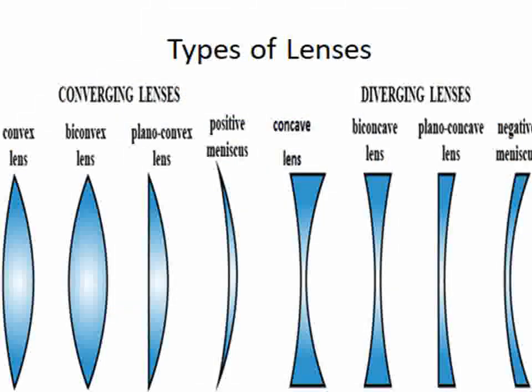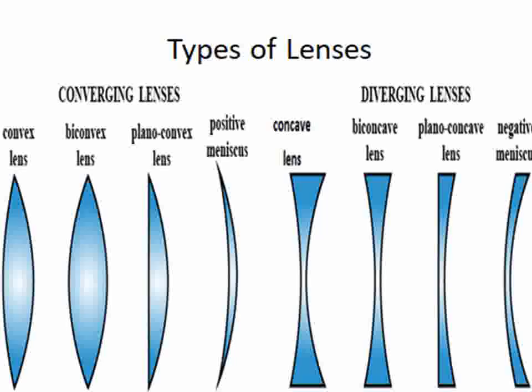Now types of lenses can be extended into various forms also. Converging lenses are the convex lenses we have discussed in the first slide. Diverging lenses are concave lenses we have discussed also in the first slide.